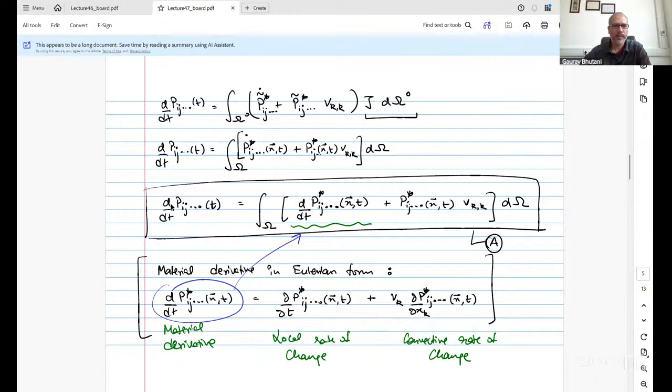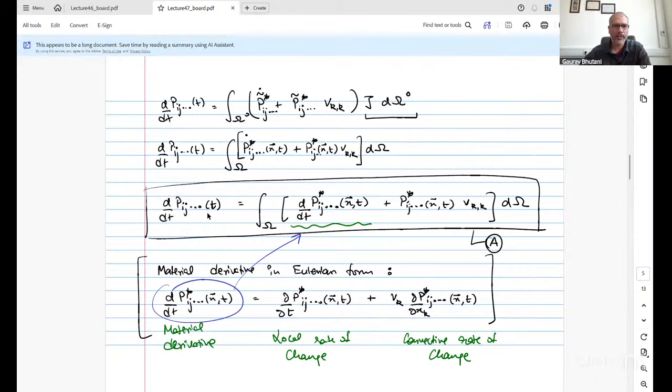Now you can see that d by dt of the extensive quantity P is written as an integral over the volume times d by dt of P star. So we have been able to move the d by dt, the material derivative, onto the starred quantity, that is the intensive quantity. That's the whole idea of the Reynolds transport theorem.